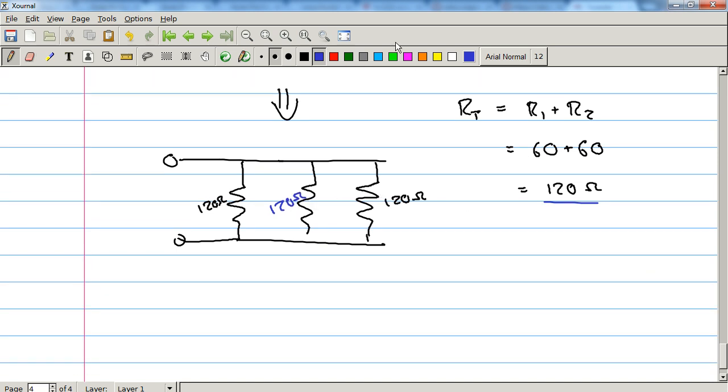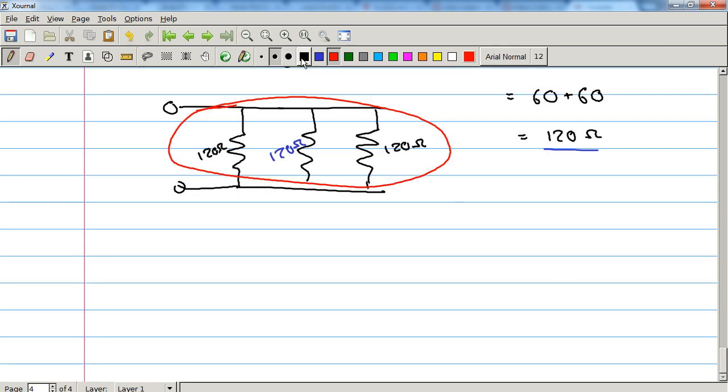And now all 3 of these resistors are in parallel. So we'll just draw a big circle around that. And then we can reduce this down to 1 as we reach the bottom of the page.